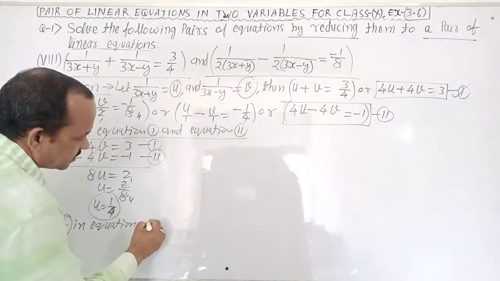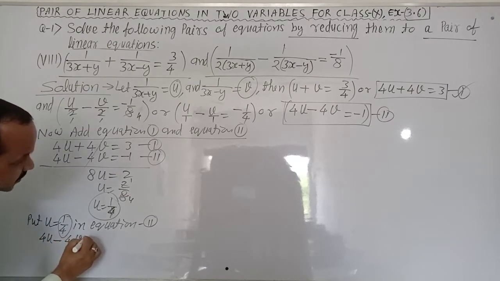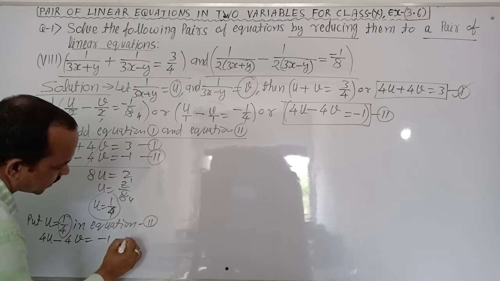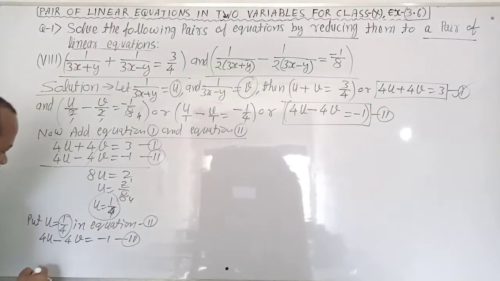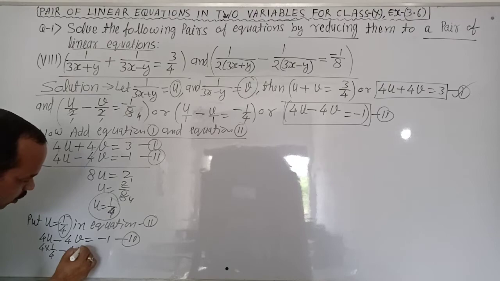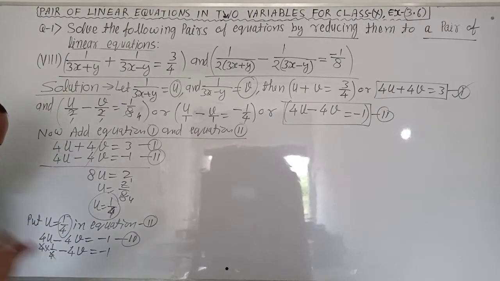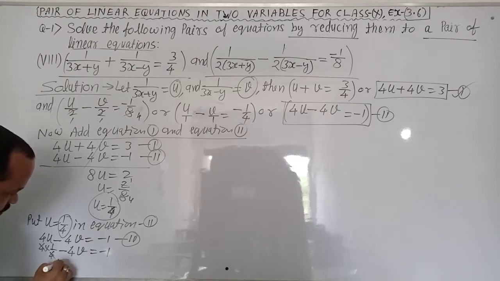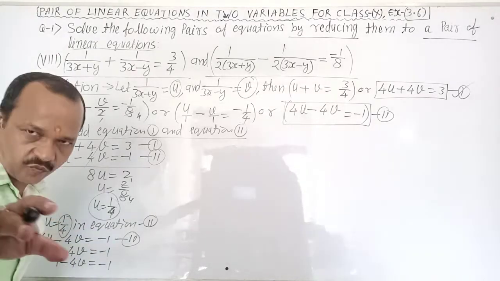Equation second is 4u minus 4v equal to minus 1. Clear? Put u equal to 1 by 4. Here 4 multiply 1 by 4 minus 4v equal to minus 1. Cut it, 4 and 4. It becomes 1 minus 4v equal to minus 1.